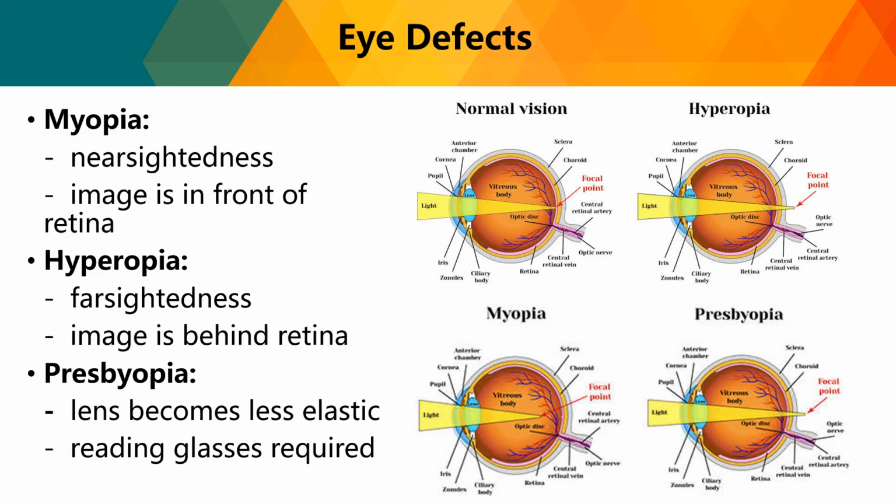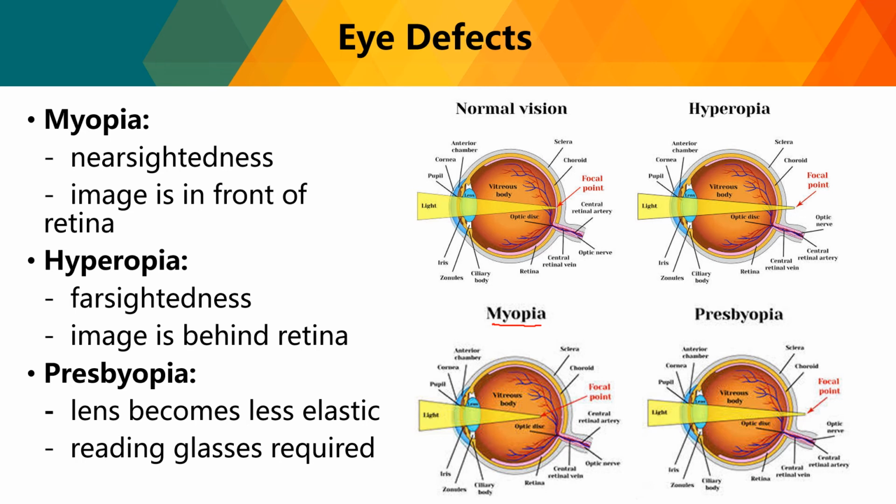Okay? So next, you also have what you call your myopia. This is nearsightedness. So the image is in front of your retina. So for myopia, it looks like this sa baba. Okay, this one, the myopia. So the focal point, it's in front. Okay, medyo malayo. Okay, yan.